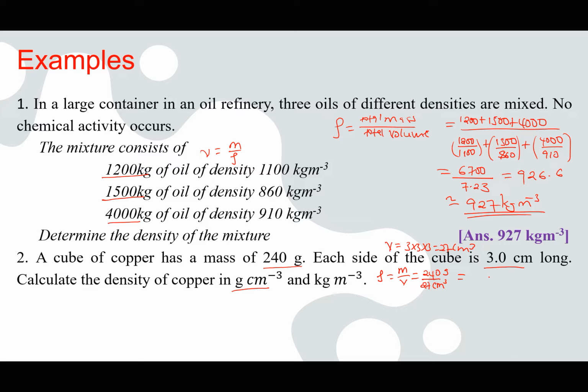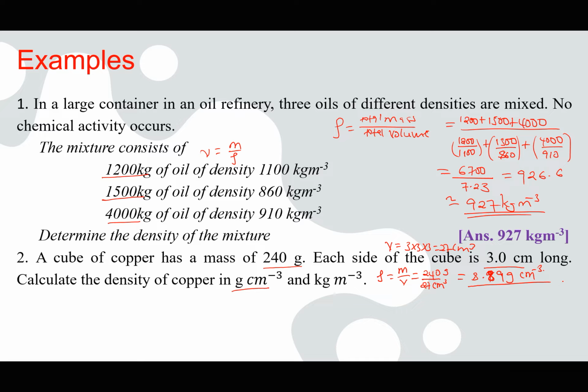So 240 divided by 27 is 8.9, or I can write 8.89. This will be grams per centimeter cubed. So this will be the density of copper in grams per centimeter cubed.